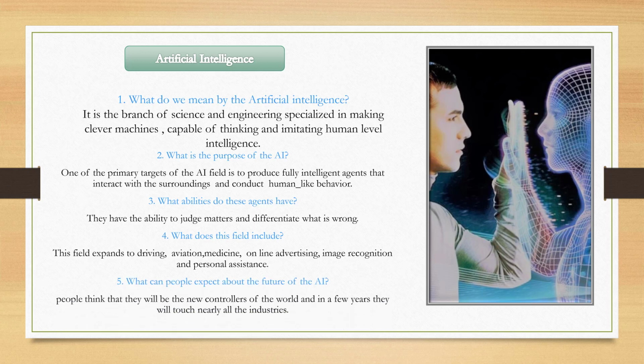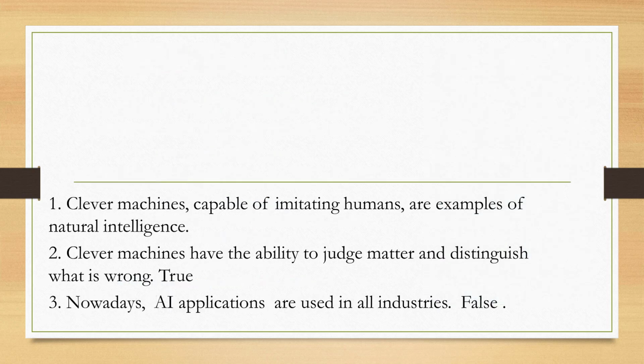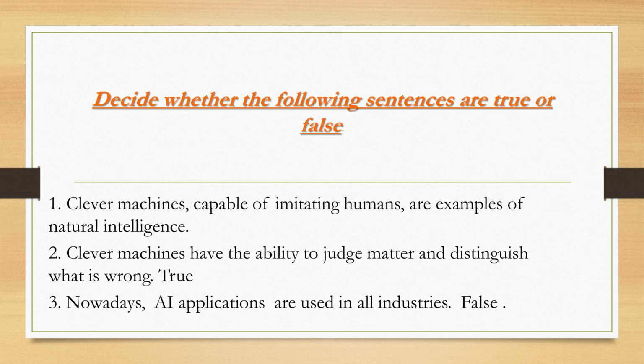And finally, what can people expect about the future of the AI? People think that they will be the new controllers of the world, and in a few years, they will touch nearly all the industries.